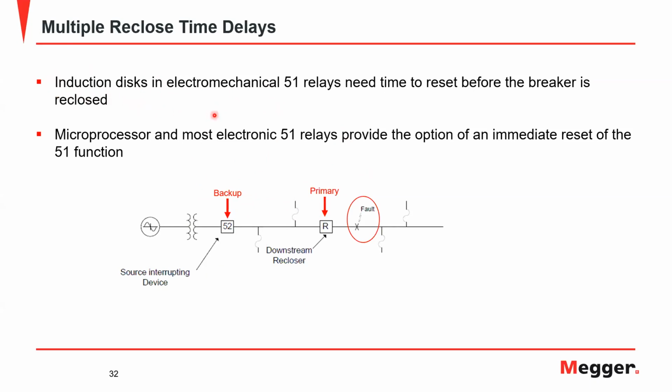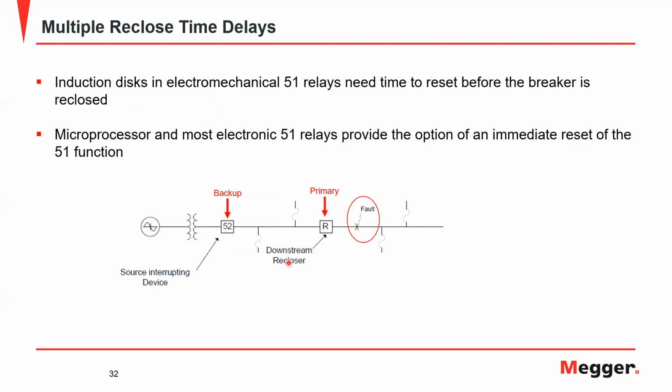If you don't allow enough time for the induction disk to reset before you reclose the recloser or the breaker, the disk will tend to ratchet forward, meaning that if the fault restrikes, the disk begins to turn forward again, but it did not start from zero. It now has a shorter time before its actual trip time will expire.